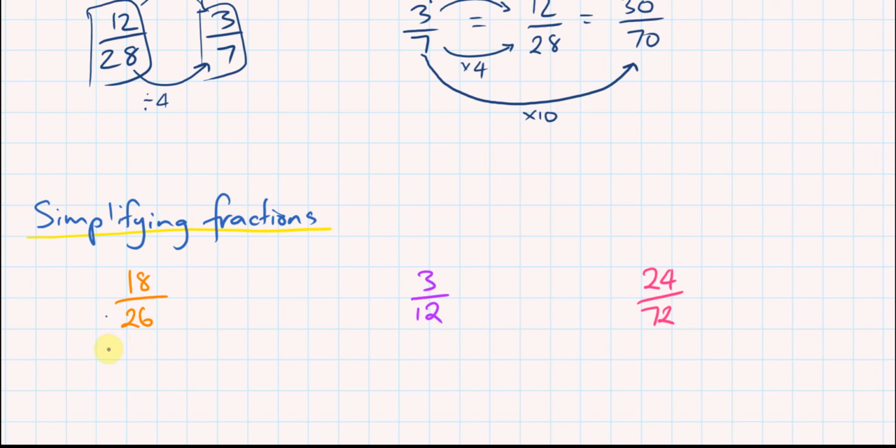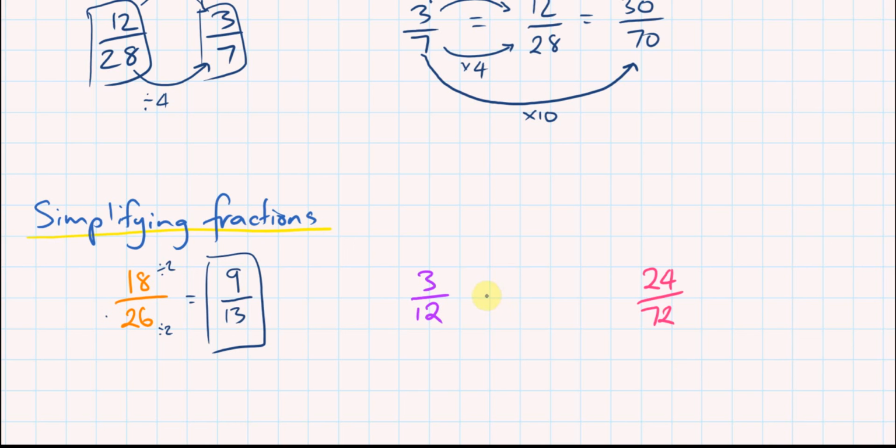Well, the first number I see, of course, is 2. So if I divide both the numerator and the denominator by 2, I get 9/13. And just by looking at 9/13, I can see I can't simplify any further than that. So 9/13 is the simplest fraction from 18/26.